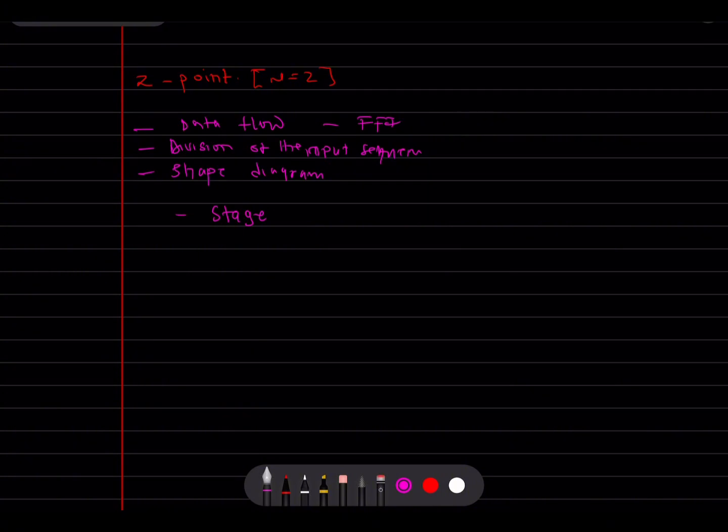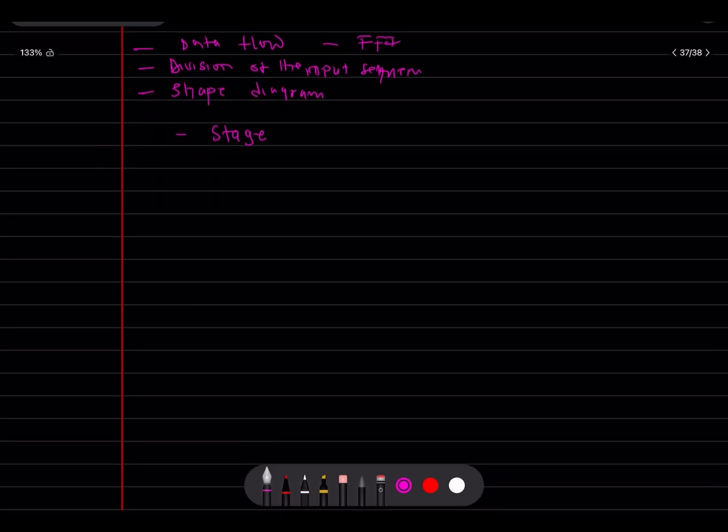So let's proceed without wasting much time and start with a 2-point DFT example. Consider a 2-point DFT, where the input x of n is x1 and x2, labeled x of 0 and x of 1.